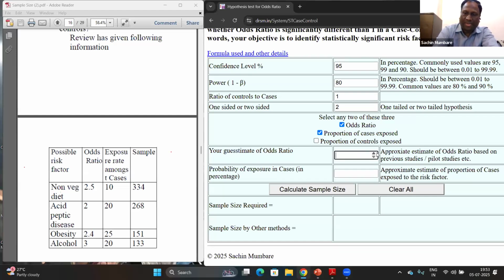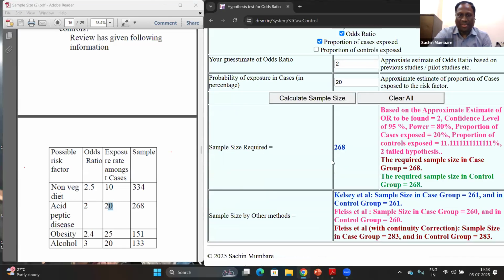So for acid peptic disease, 2 and 20. Odds ratio is 2, exposure rate among cases is 20. So sample size is 268. Similarly, I can calculate the required sample size related to each one of these risk factors, and I will select the final sample size equal to the maximum one.